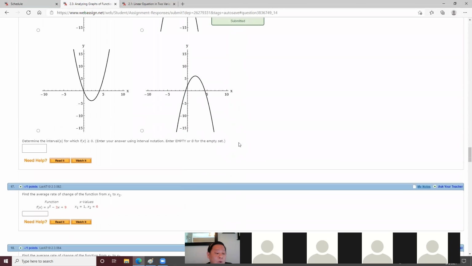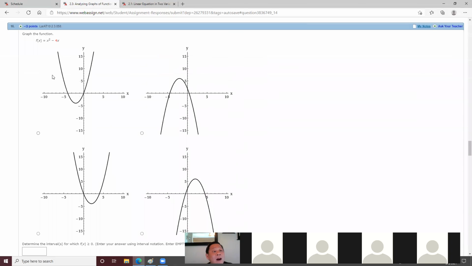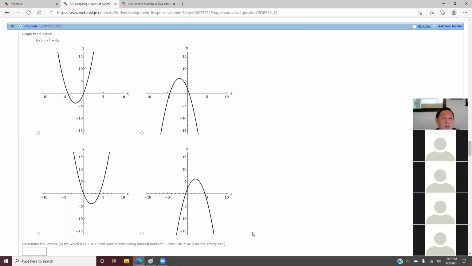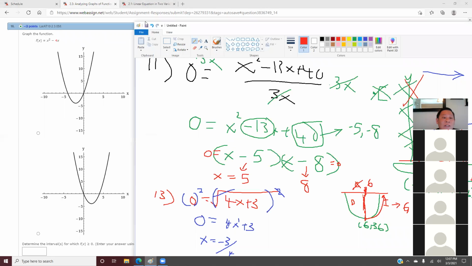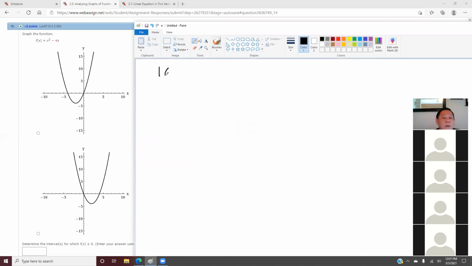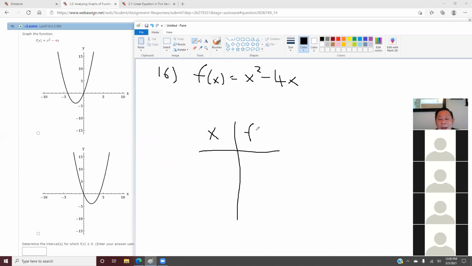Okay. Now, how do you graph this kind of function? In order for you to graph this kind of function, you just need to plug in numbers. So f of x is given by x squared minus 4x. So what you do here is you plug in all the x, give me like 4 numbers.